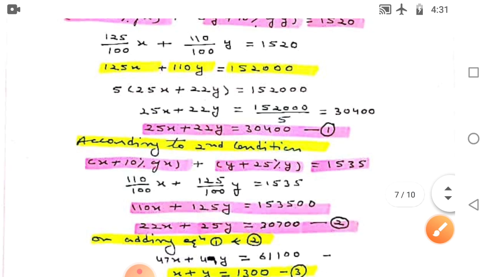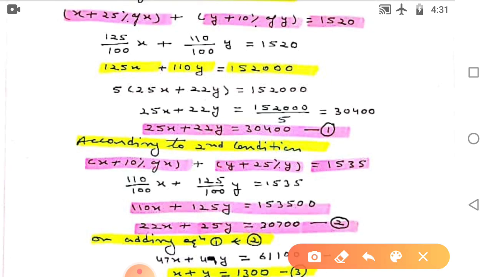Now in the second condition, profit on chair is 10%, so the selling price is X plus 10% of X. Profit on the table is 25%, so the selling price is Y plus 25% of Y, which is 1535 rupees.